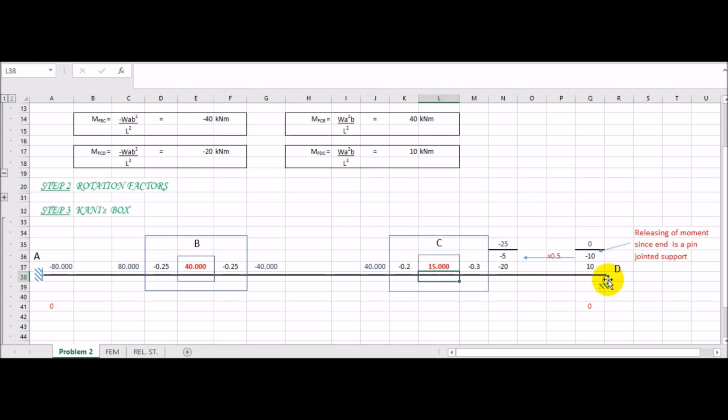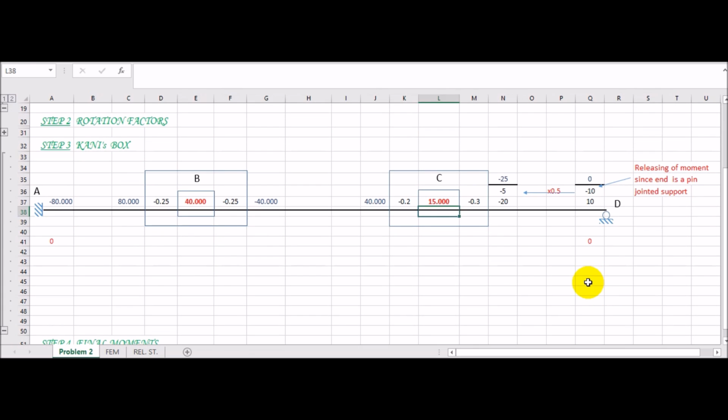And here this is 0. We are not going to touch this joint now, as we have already balanced it. That was our first job before doing any iterations. So here we'll write just 0 everywhere. Let's start with our first iteration process.